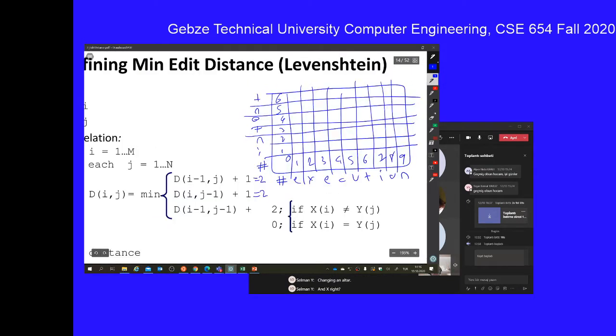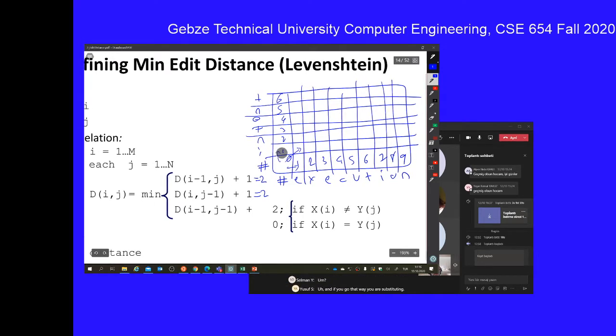If you go that way, you are inserting something. If you go this way, you are deleting something. And if you go that way, you are substituting.